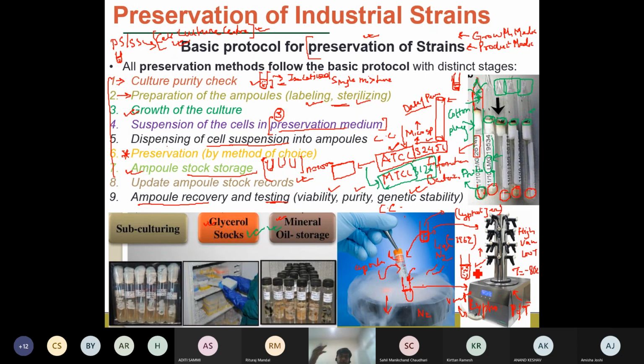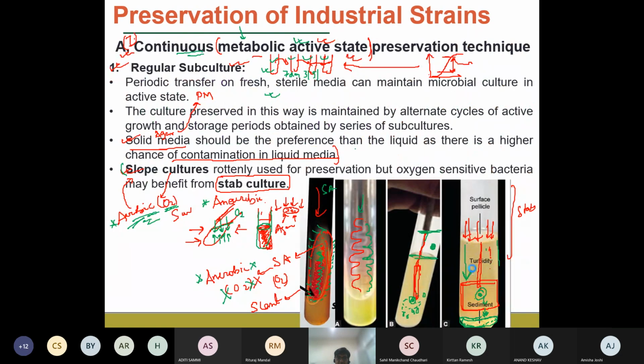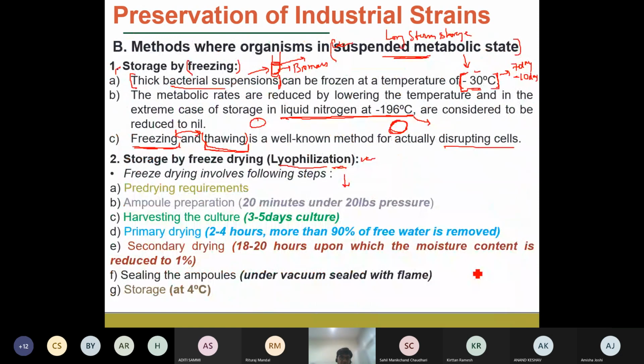The ice should not melt into a liquid and then into a gas. It should be directly sublimed into the gas, and by removing those things, we can get a very powdered form of the microorganisms. This is the basic mechanism by which lyophilization is carried out.